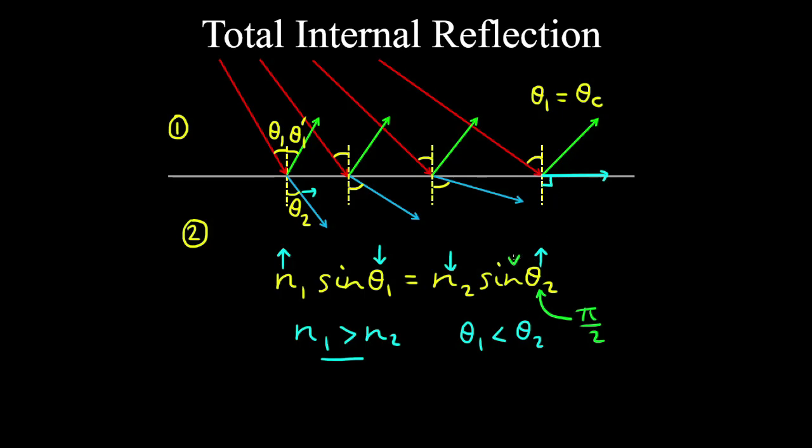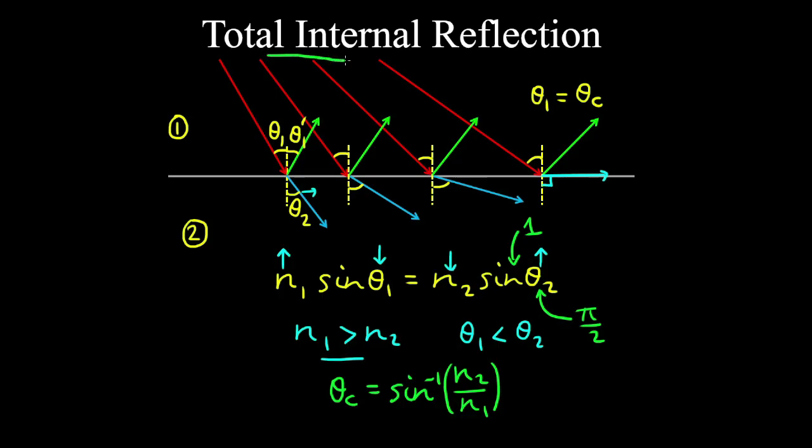So therefore sine theta 2 evaluates to 1, and then dividing through by n1, we get n2 on n1, and taking the arcsine of both sides, at the critical angle, we get theta c is equal to the arcsine of n2 on n1.